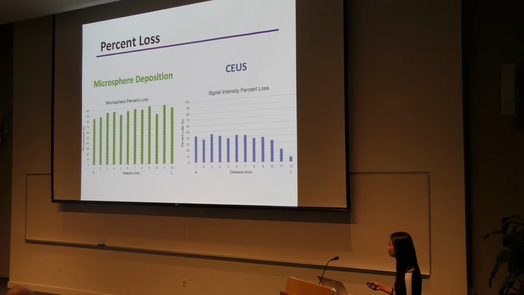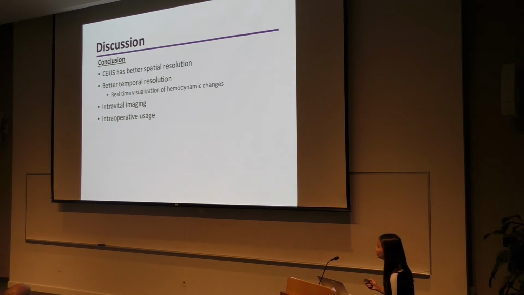The percent loss of the microsphere data is almost 100% along the cord, whereas for the ultrasound data, it's around 40%, but as we move more rostral, we could see a decrease here gradually, which shows that with the sensitivity of the ultrasound, we're able to start developing some tissue perfusion characteristics of adjacent tissue that is near the injury site.